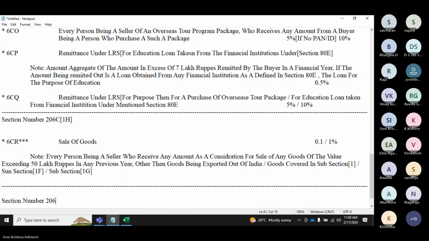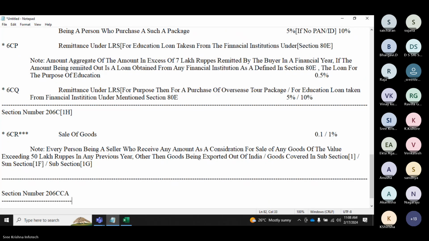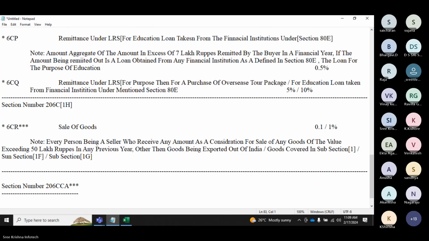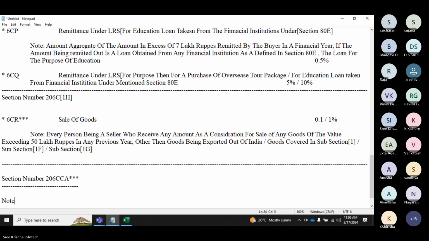So please write section number 206CCA. ఇది కూడా గుర్తుపెట్టుకోండి. Higher rates of TCS from non-ITR filers. ITR ఫిల్ చేయకుండా ఎవరైతే స్కిప్ చేస్తారో వాళ్ళకి అప్లికబుల్.